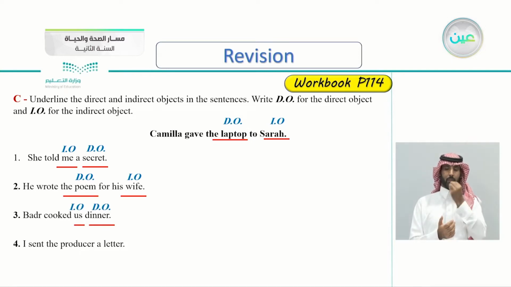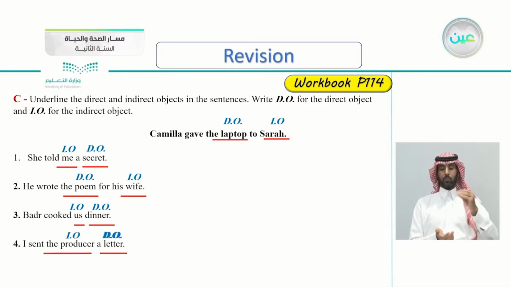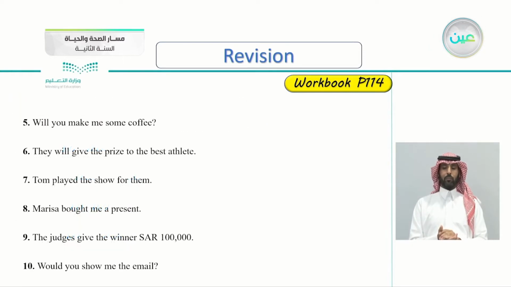Number four, I sent the producer a letter. Which is direct and indirect here? Let's check it together. The producer is the indirect and a letter is the direct object. Continuing here with number five, will you make me some coffee? Which is direct and which is indirect here?